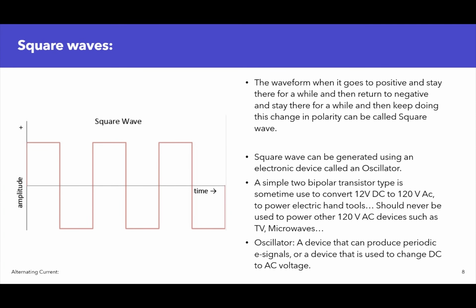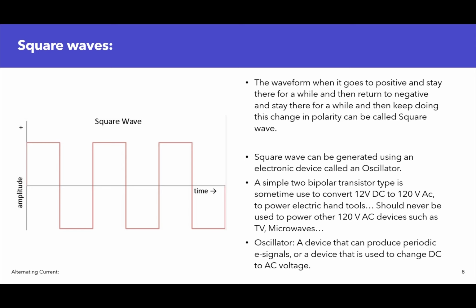So what are square waves? You see the picture here? It goes all the way positive and stays positive, then goes down to 0, then goes negative and stays negative, then goes back to 0, goes positive, stays positive, goes back to 0, and it repeats indefinitely, until you define the length of the wave.